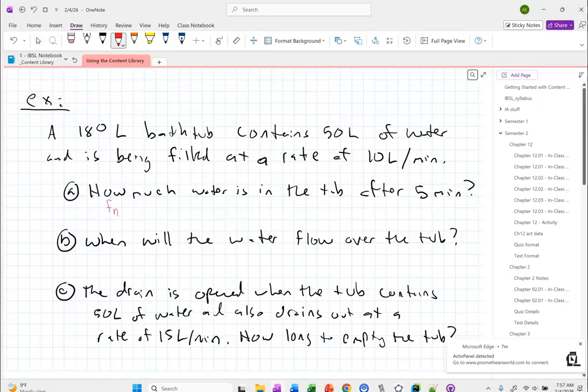So if I wanted to write this as a sequence, we start out with how much initially? How much water? 50, right? And then each minute we're going to pick up 10 liters, right?